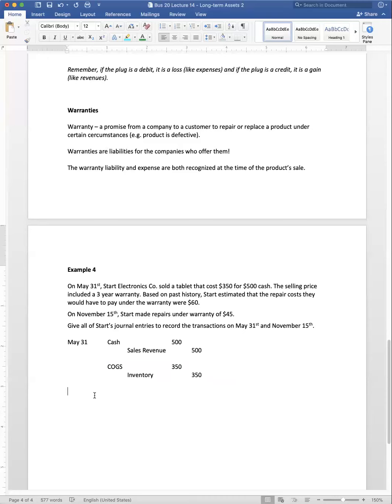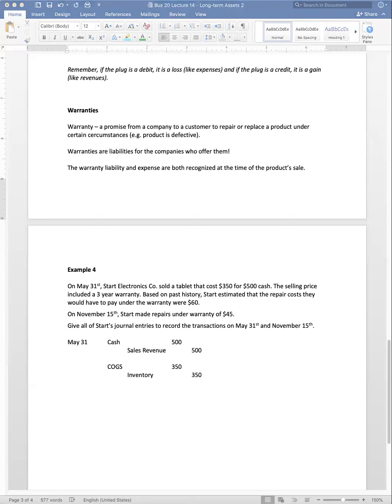Now, here's the fun part. There is a third entry that has to take place. We are going to record the warranty liability and the warranty expense. All right, which one's going to be my debit, the liability or the expense? Well, expenses are debits, right? And then the liability, we're increasing the liability, that's going to be a credit.